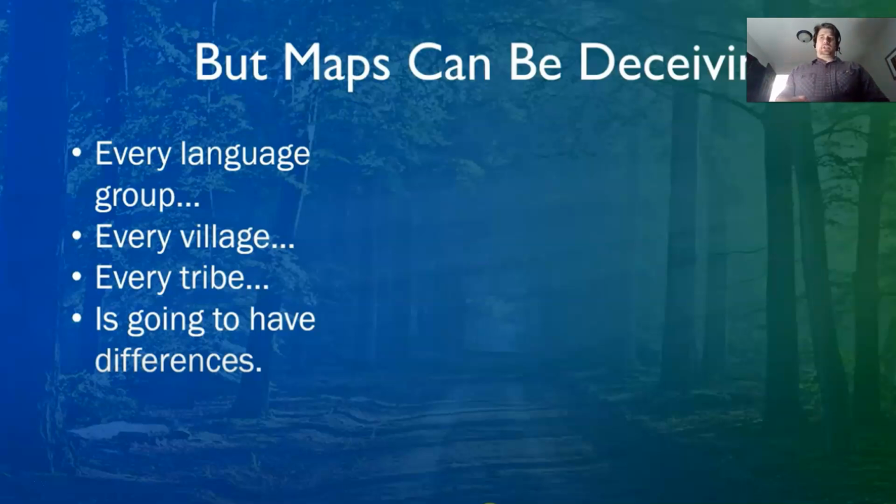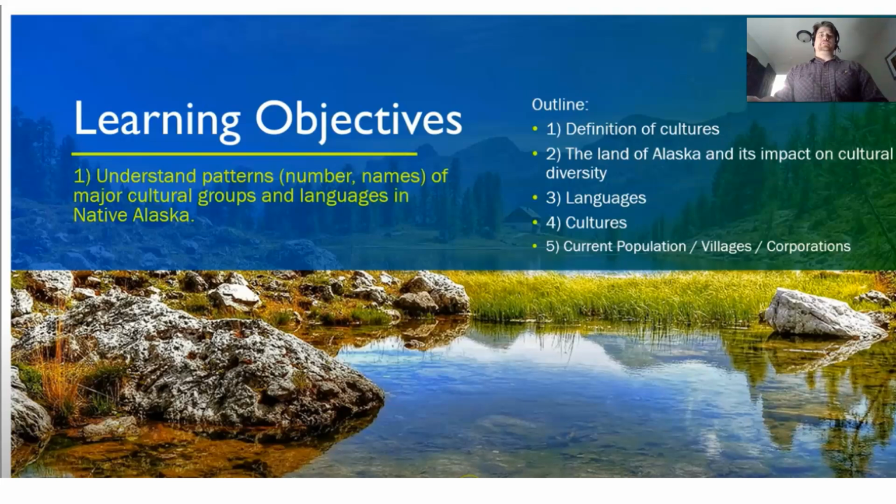And furthermore, you have other language groups that are next door, and where those two language groups meet up, there might be some more blending between the two. So what I'm trying to get at is every village, every social group is going to have its own uniqueness, even within its bigger culture. So, keep that in mind as we're doing the bird's eye view stuff.